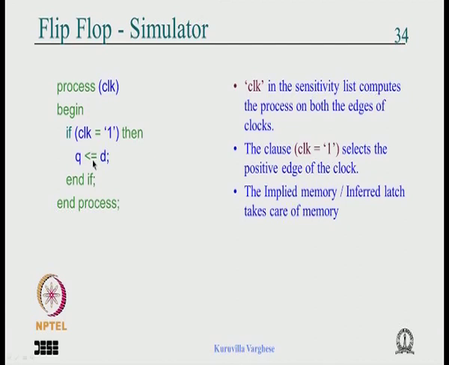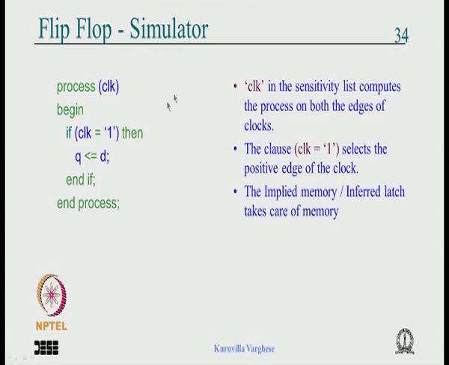Then Q gets D. If not, we want it to memorize or latch the output. So you don't say else, you say end if. That means if this condition is not met, you just memorize it, and you say end process. So that is a perfect code for the edge triggered flip flop as far as the simulation is concerned.